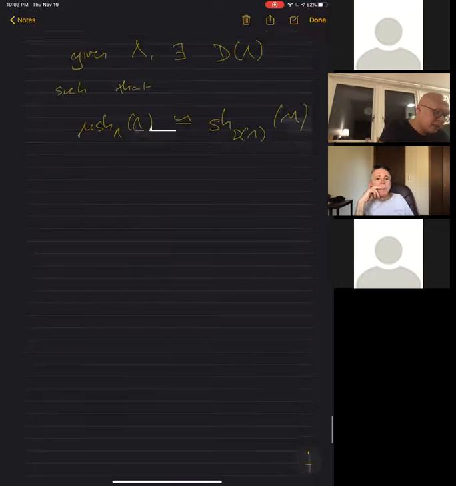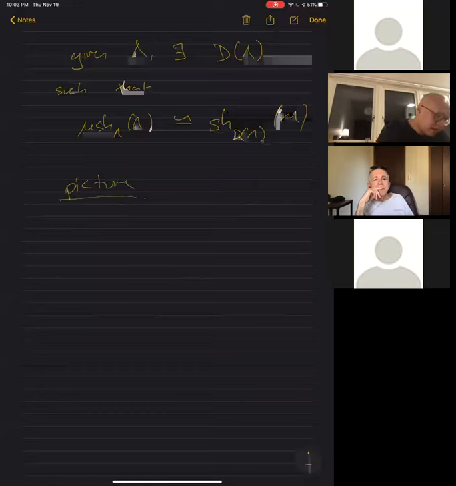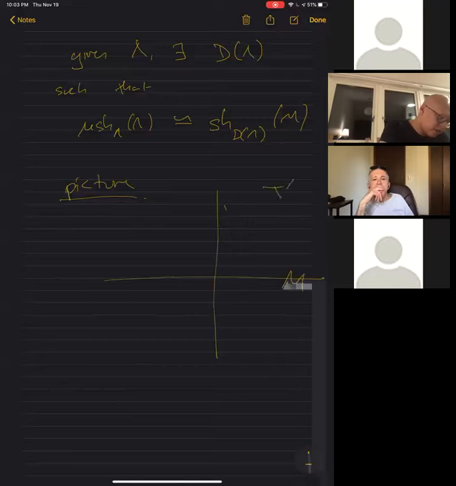And the basic picture of this, maybe I'll draw a few different pictures. So okay, one picture is, here is m, and this whole thing is T star m, and here is lambda.